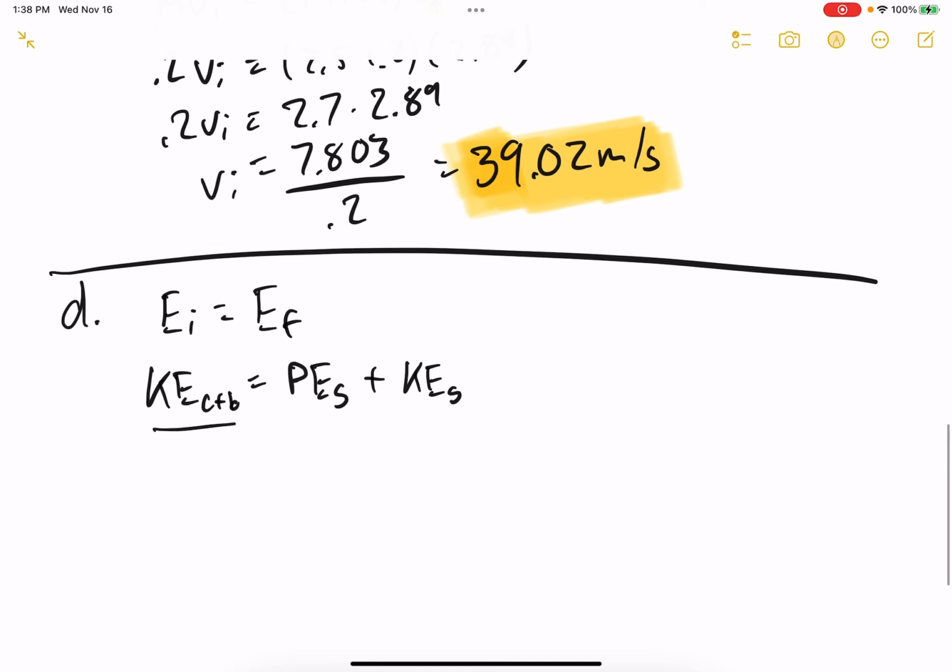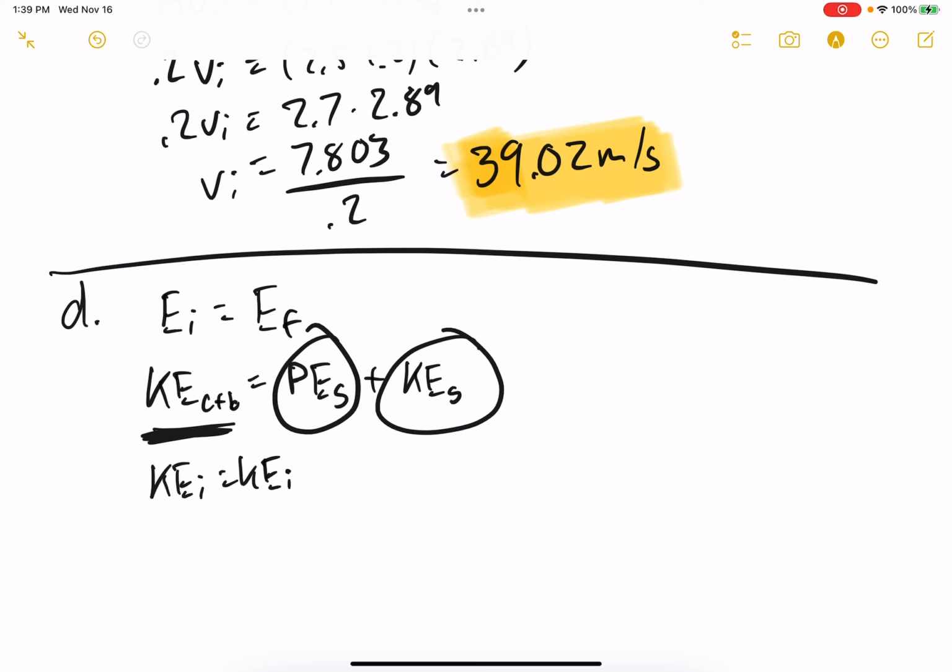Since I'm starting with the same amount of energy on the left for both, the KE initial is equal to the KE initial of the first one, which means now I have to split this between the spring and the kinetic energy of the system, which means that the compression will be less. Now, I would suggest writing a little bit more, but since you have my audio, that's my explanation.